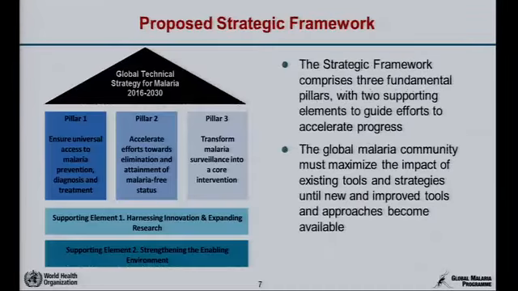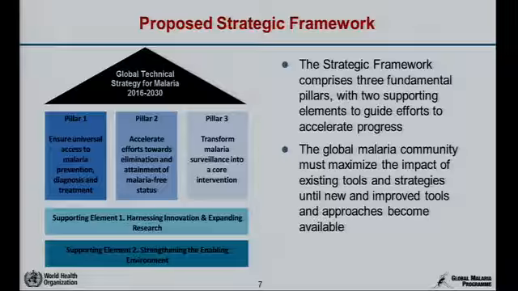The proposed strategic framework is built on 3 pillars, supported by 2 elements. The first pillar really speaks about the need to ensure universal access to malaria prevention, diagnosis and treatment, the core malaria interventions that I was alluding to.